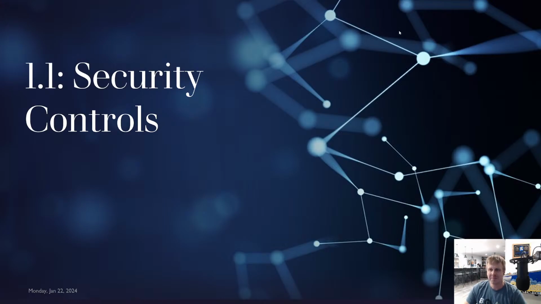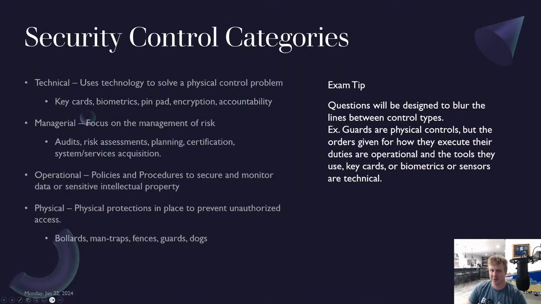Perfect. All right, so our security controls. The primary security controls that you're going to encounter on the exam, and depending on what book you read, or even for other exams, they may break these down a little bit further, but your technical controls, essentially anything that is technology to solve for a physical control problem.